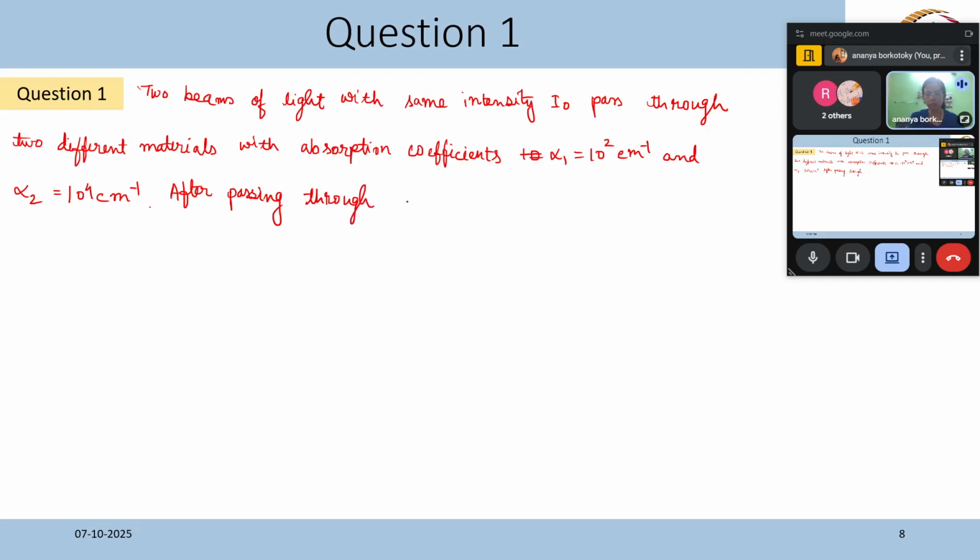After passing through a distance x equal to 1 centimeter, which of the following statements is true?